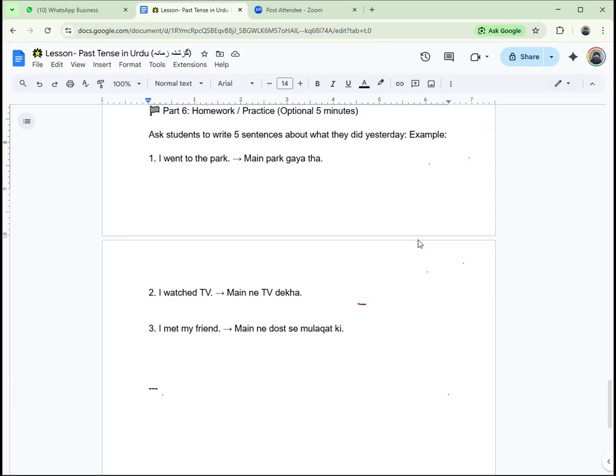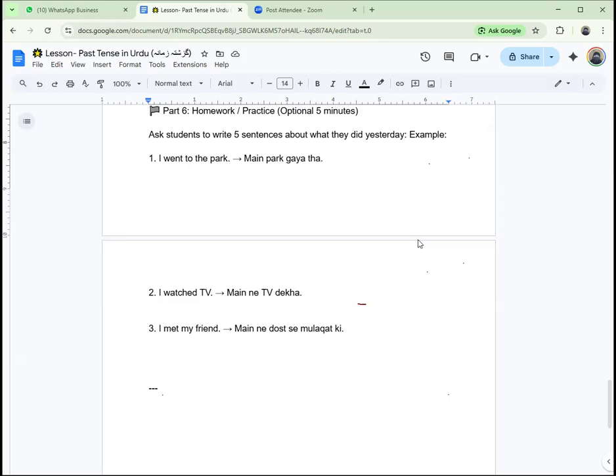The difference between mila and mulakat is that mulakat is used as a noun, and mila is used as a verb. मैं दोस्त से मिला, we can translate it also: I met my friend, because met here is a verb or action word. We can translate this, मैं अपने दोस्त से मिला. And मुलाकात की.